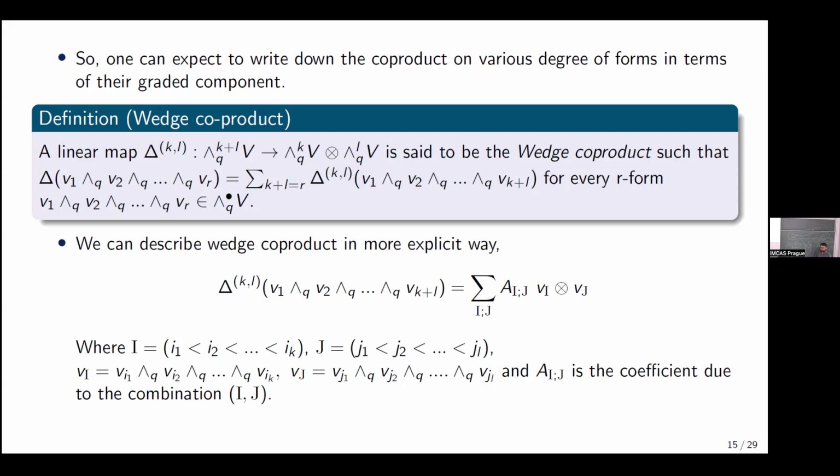Here I have chosen the index sets I and J in such a way that there is an ordered pairing between these i's and an ordered pairing between these j's. So v_I represents the k form, and the second represents the L form. So you are basically having a (k+L) form, and you are landing to a k form and an L form.